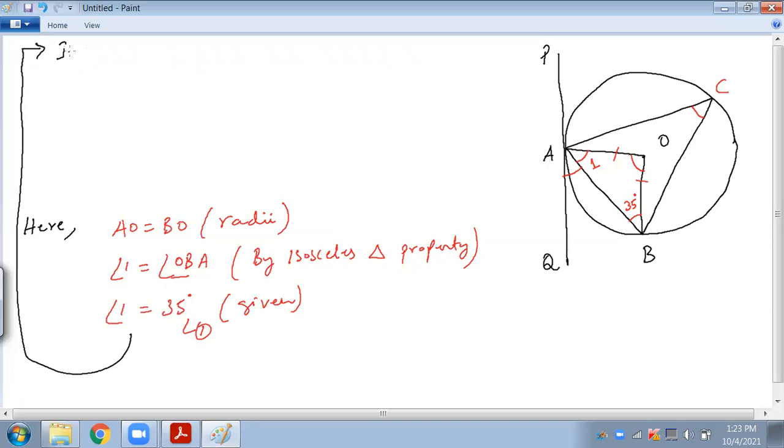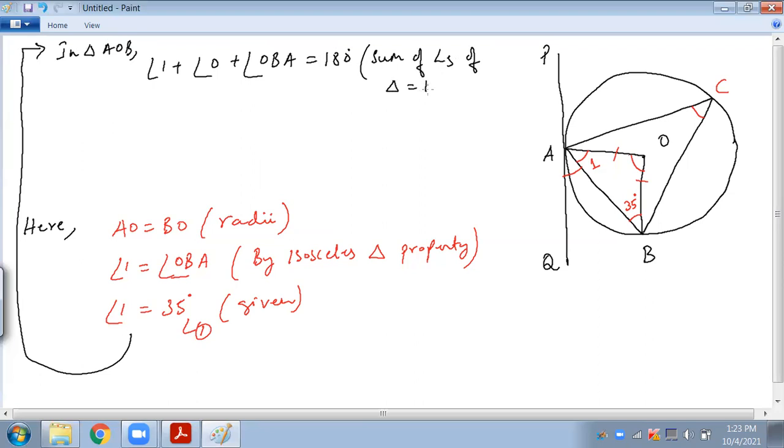Now in triangle AOB, take the sum of the angles: angle 1 plus angle O plus angle OBA equals 180. Why? Since the sum of angles of a triangle is 180 degrees.